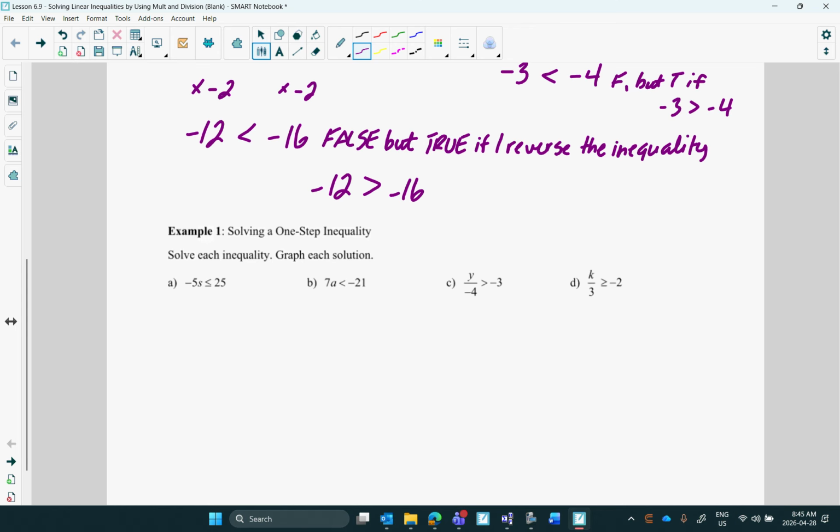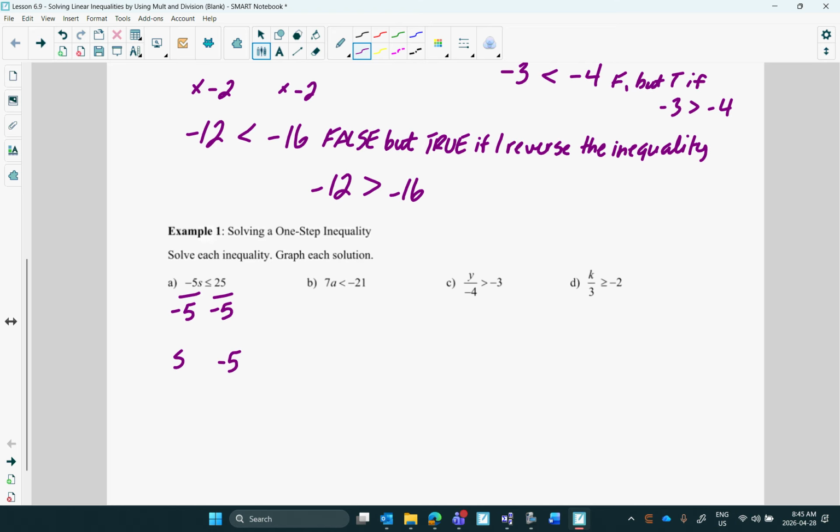How would I get x by itself here? Add 5. Isn't this -5 times s? I have to divide by -5 to get s on the left side.